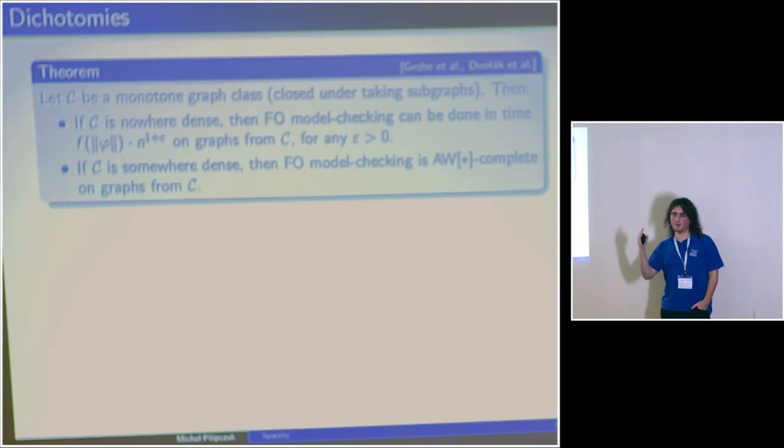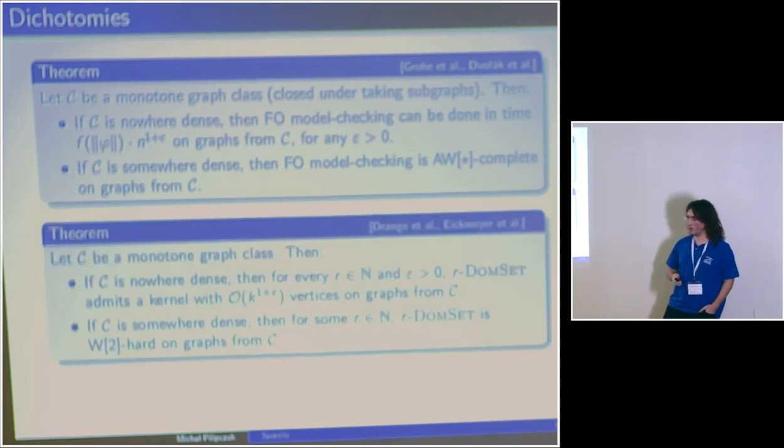So this means that this notion of nowhere denseness really delimits the fixed parameter tractability of first order model checking. If you look at more specific problems, say r-dominating set, again we have a similar behavior. If you are nowhere dense, then r-dominating set has a kernel with an almost linear number of vertices, k to the 1 plus epsilon for any epsilon that you wish for, and this happens for every radius r.